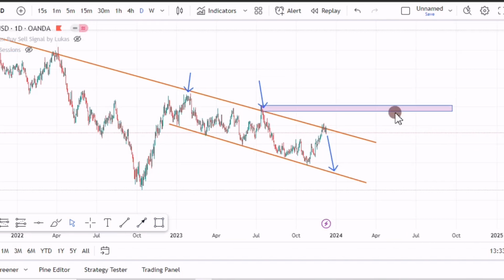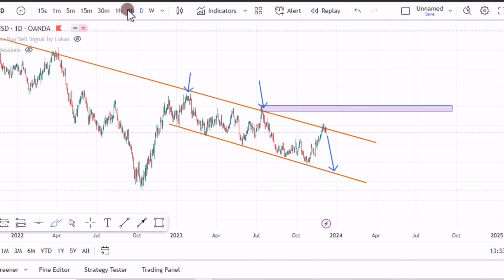Until price closes above this key level, you are just looking for sell entries. I know that price might just break out, but it is not a true breakout until price closes above that. So price might bounce there and you still look for sells. That's what I can say about this pair.